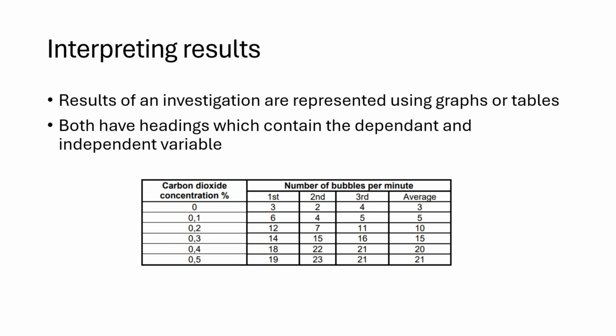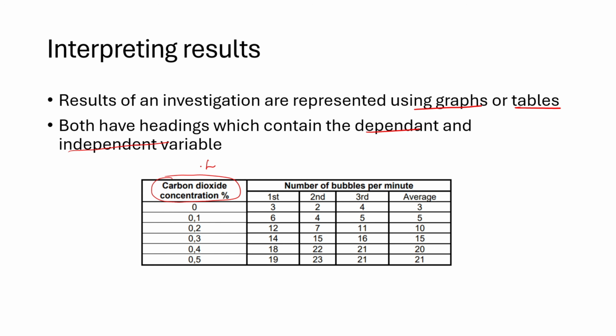So now finally, interpreting the results of an investigation. Results of an investigation are represented using graphs or maybe using tables. Both of them have got headings. A table has got a heading, a graph has a heading, and the heading contains both the dependent and the independent variable. But in a table, this is how you identify the independent and dependent variable. You can see here that carbon dioxide concentration is on the left side.